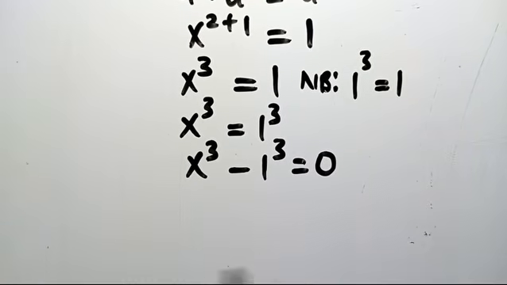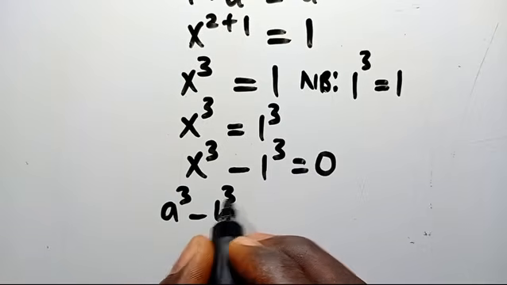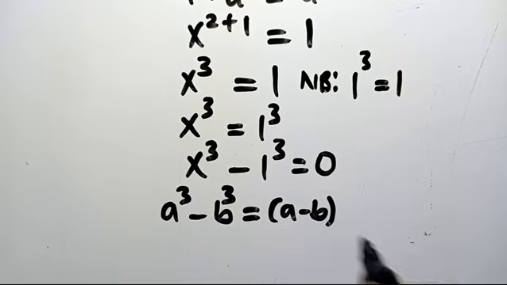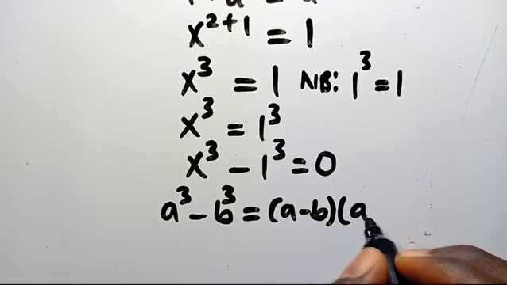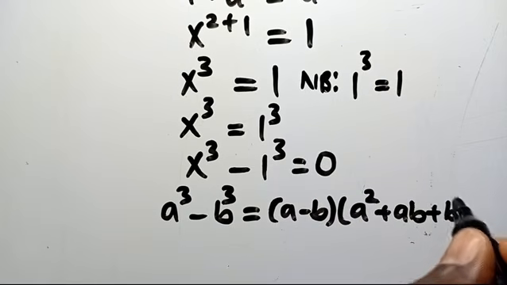Then let us recall again, when you have a to the power of 3 minus b to the power of 3, it always equals (a minus b) times (a squared plus ab plus b squared).